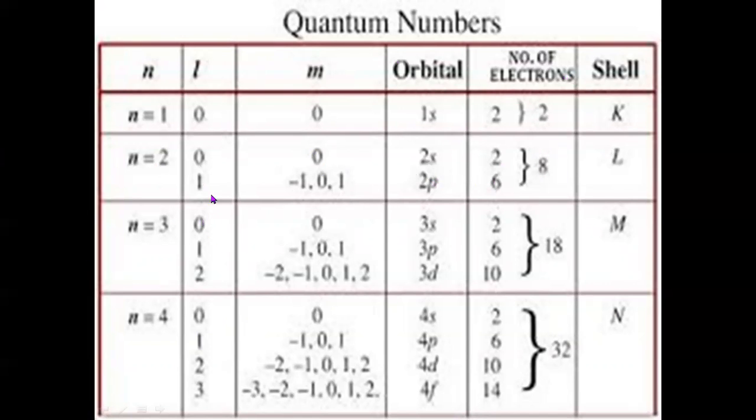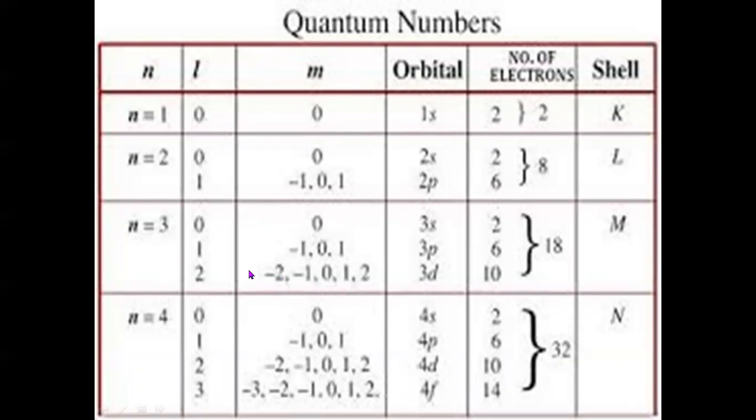In the third orbit, there will be three values for l: 0, 1, and 2. For l equal to 0, again m will be 0, and it will be the s sublevel and s orbital. It belongs to the third orbit, therefore we write 3 for all these. For l equal to 0, s. For l equal to 1, p. Now, for l equal to 2, it will be 2 into 2 plus 1, which is 4 plus 1, 5 values ranging from -2, -1, 0, 1 to 2.